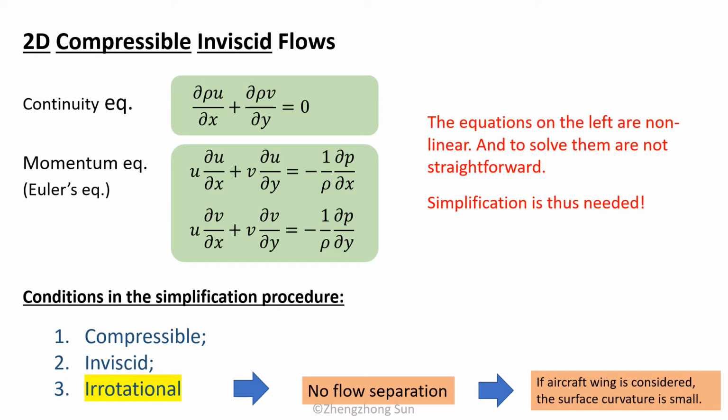You may wonder, if the curvature is large, what will happen? If the curvature is very large, the flow might not be able to follow the surface curvature, and then flow separation would take place. So this is the physical meaning of the irrotational condition.